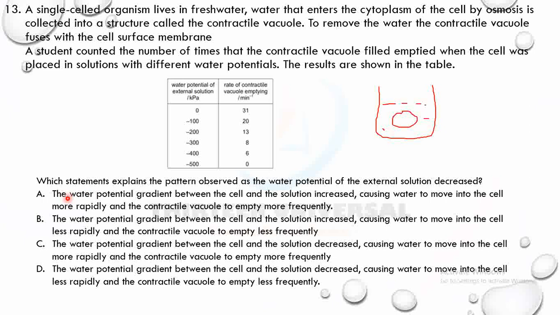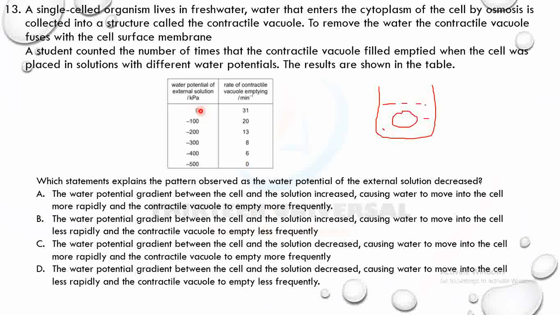Look at option A. The question says, which statement explains the pattern observed as the water potential of the external solution decreased? A says the water potential gradient between the cell and the solution increased, causing water to move into the cell more rapidly and to empty more frequently.